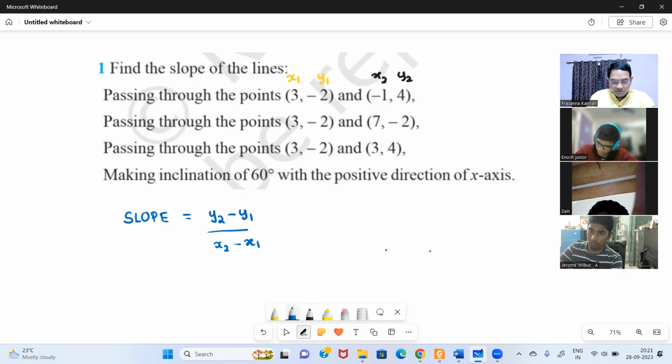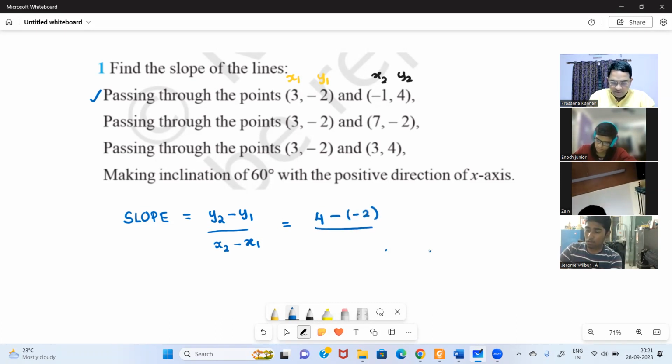Yes, Enoch, tell me, what is your y2? In the first case, let's do the first part now. It's 4 minus minus 2, divided by, come on, tell me, minus 1 minus 3.